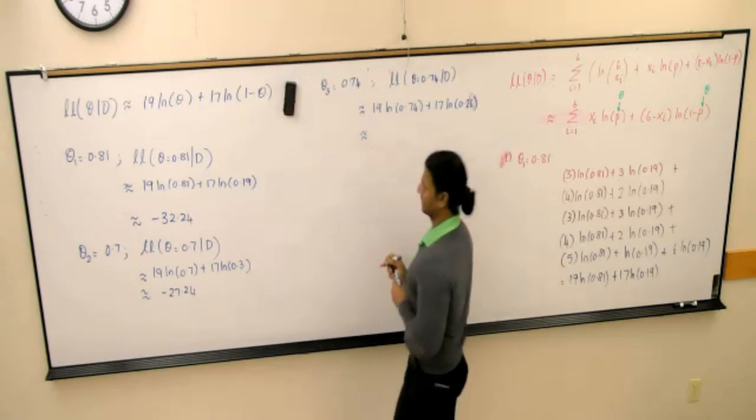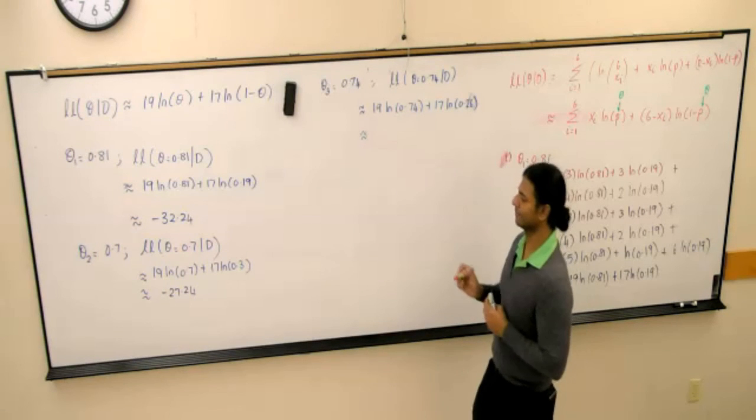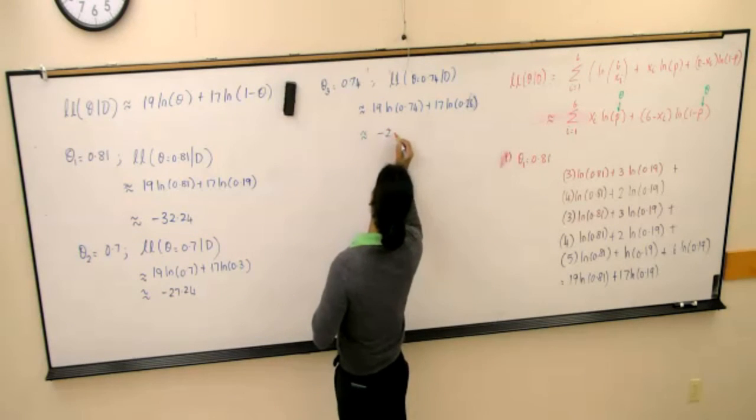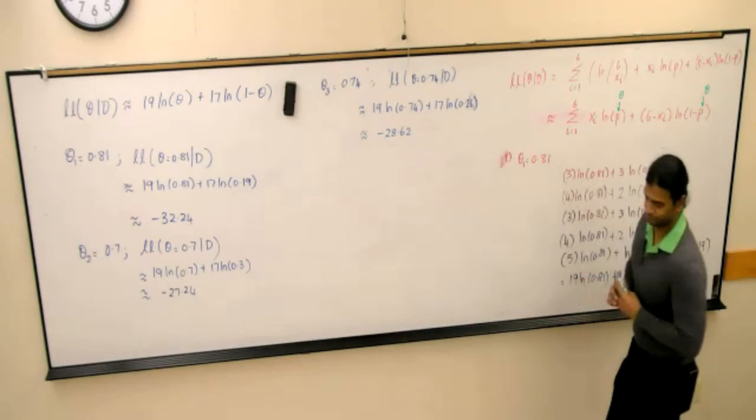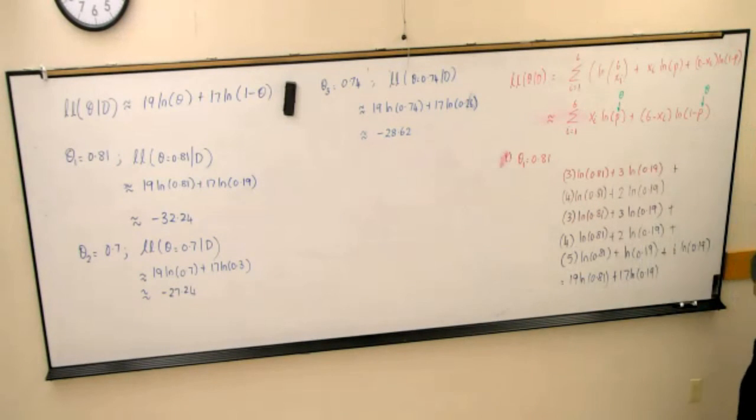And what do we get? Negative 28.62. Good. So out of the 3 parameter values, which one maximizes the likelihood? 0.7.